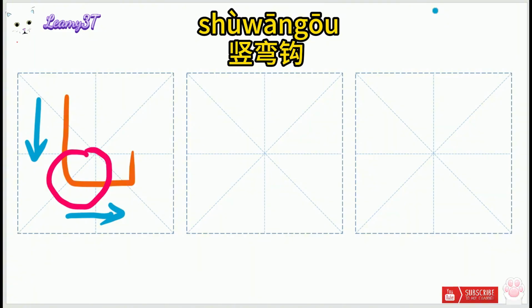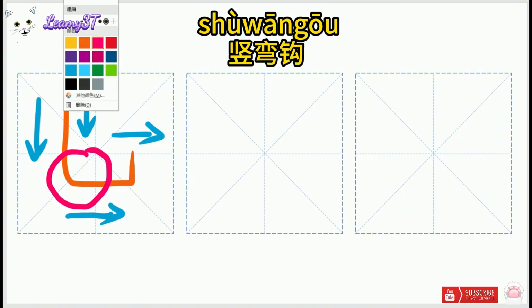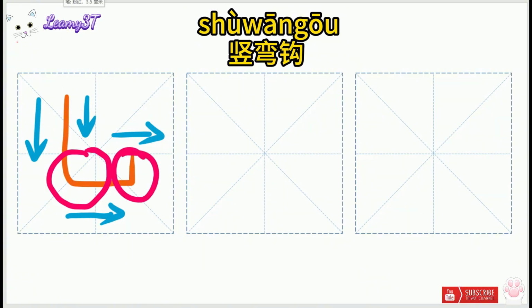So both can vary in length. Although this stroke's length often changes, in most cases, shù is vertical and the heng is horizontal. Lastly, note that the hook at the end must be sharp. This stroke is a bit difficult, so please practice more.